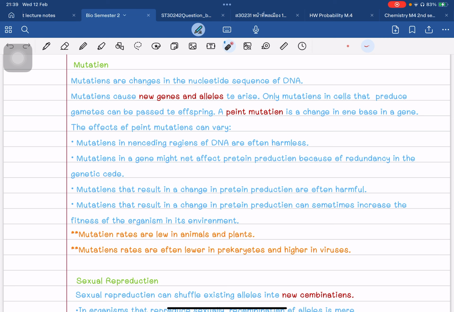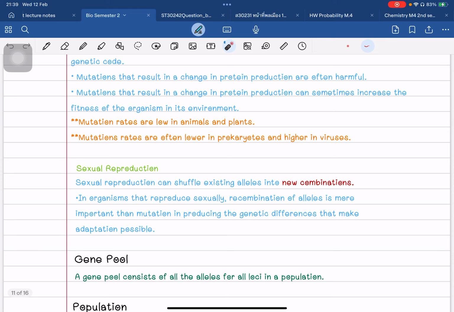Mutations that result in a change in protein production are often harmful, but mutations that change protein production can sometimes increase the fitness of the organism in its environment. So not all mutations are harmful. A special note: mutation rates are low in animals and plants, often lower in prokaryotes, and higher in viruses.